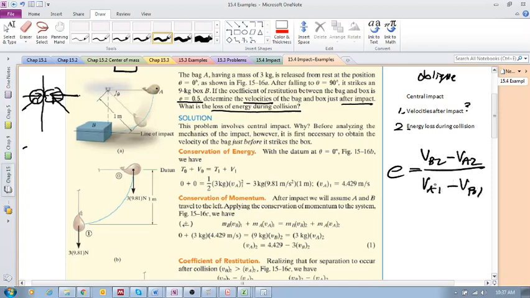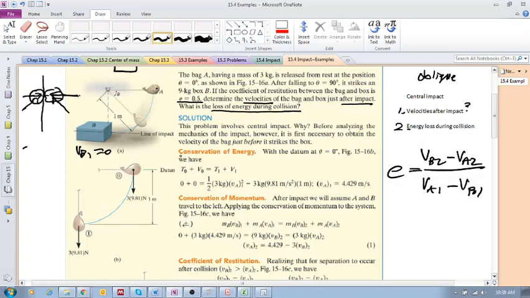If I've got my initial velocities before impact, and e is 0.5, I have a chance of calculating my velocities after impact. So what do I need? Well, I need the velocities before impact. So what is the velocity of B? Well, it's stationary. We know VB1 is 0.